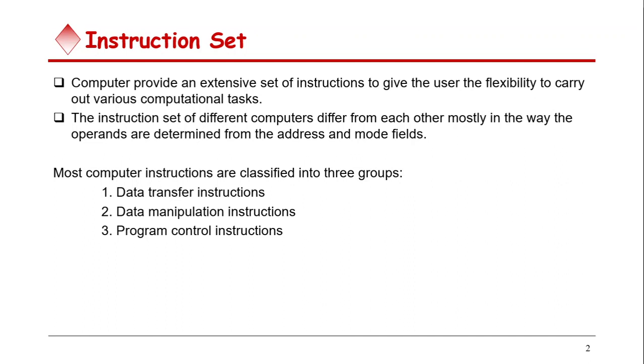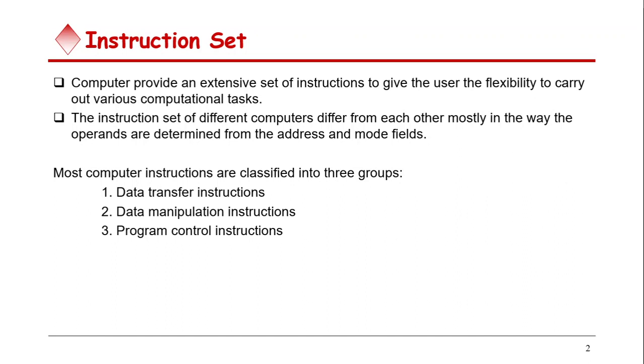Most computer instructions can be classified into three categories. One is data transfer instruction, the second one is data manipulation instruction, and the third is program control instruction. The data transfer instruction causes transfer of data from one location to another without changing the binary information content.